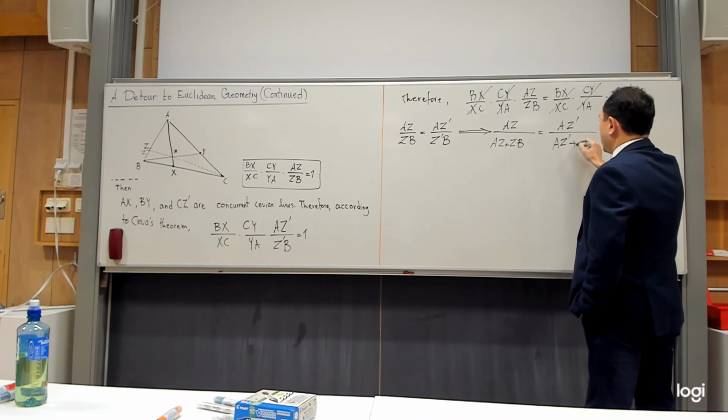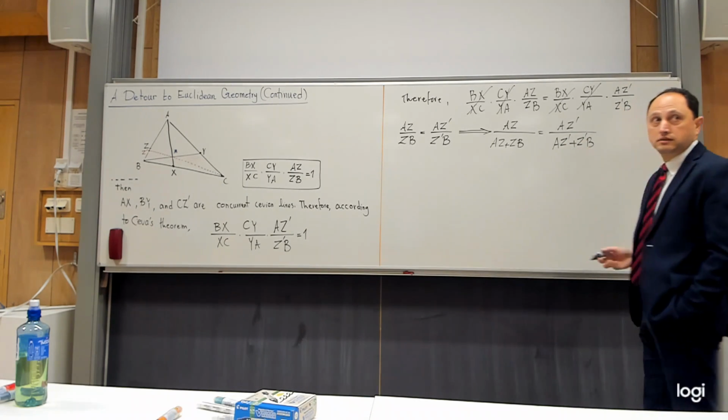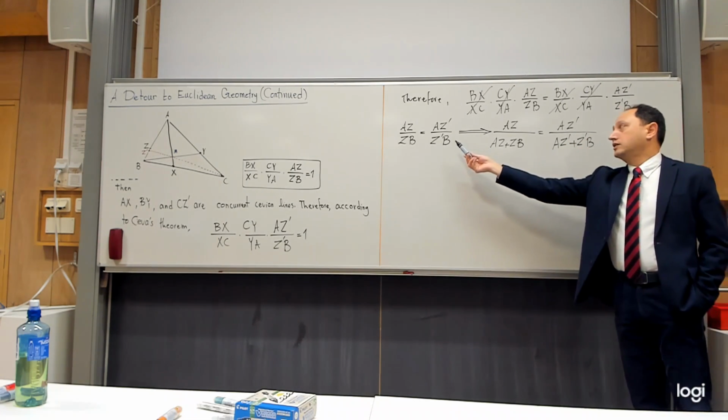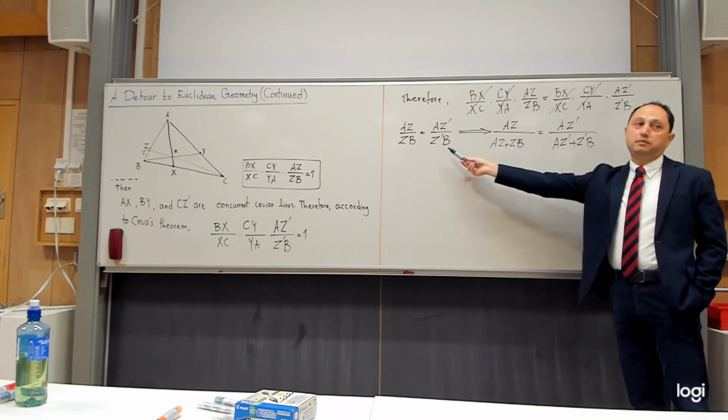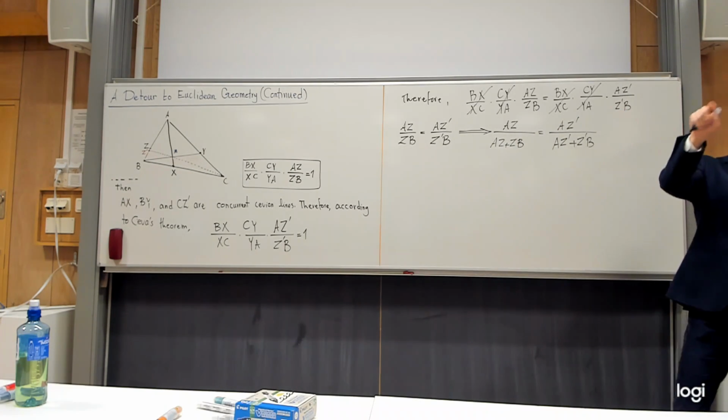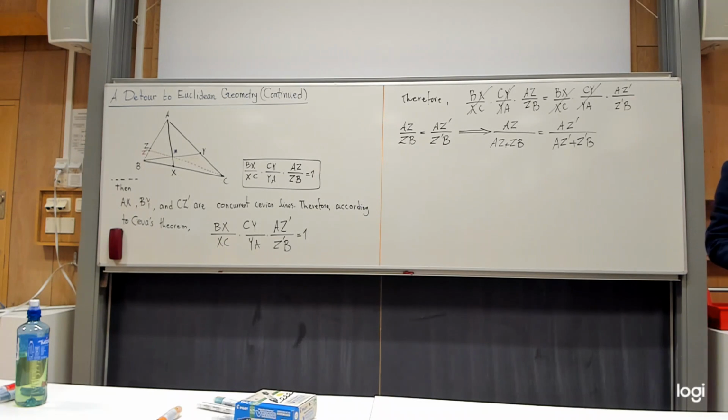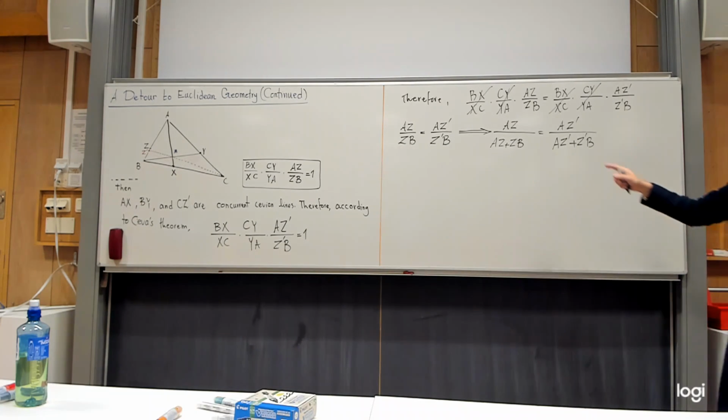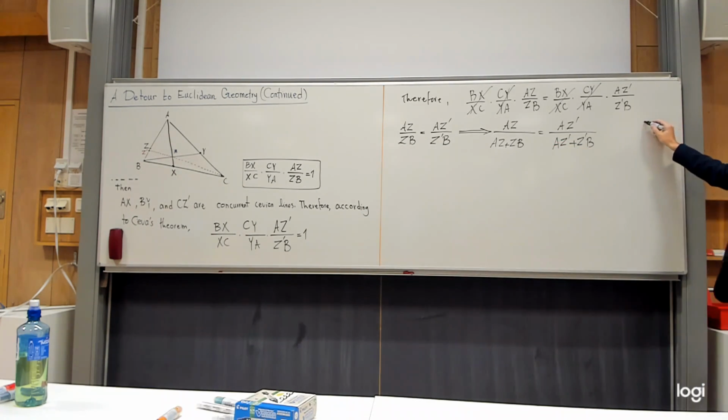So is that understandable, what I'm doing? I am concluding this from the previous one. Do you remember we could combine the numerator to the corresponding denominator, and still we have the true equality? You remember I told you that if A over B is equal to C over D, I can conclude that A plus B over B is equal to C plus D over D. Do you remember we talked about these things?